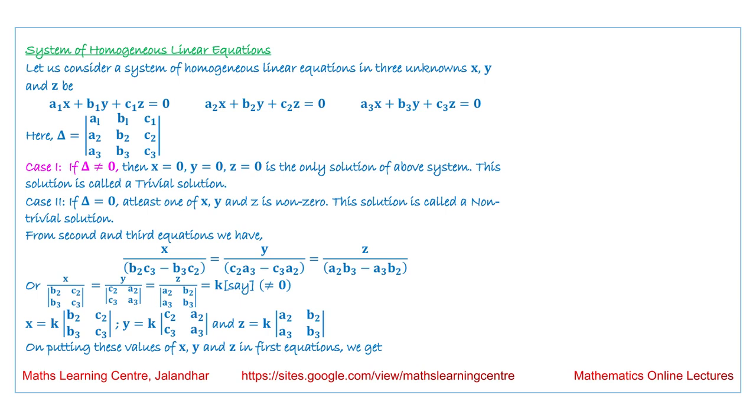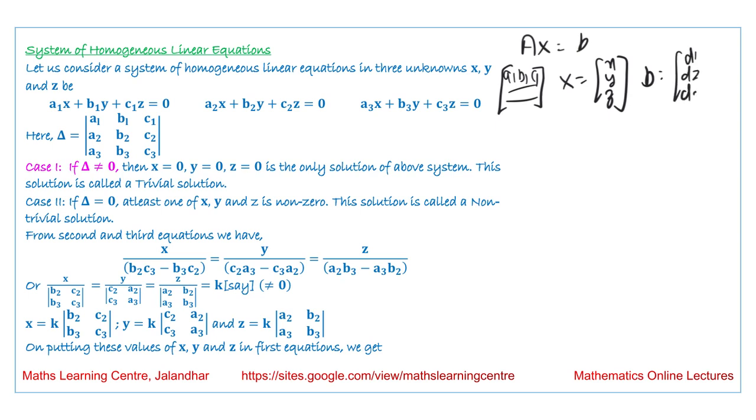Next we are talking about the system of homogeneous linear equations. In the previous case we were talking about the system where we wrote Ax is equal to b. A was the coefficient matrix with entries a1, b1, c1 and so on, x is equal to x, y and z, and this b was equal to d1, d2, d3.